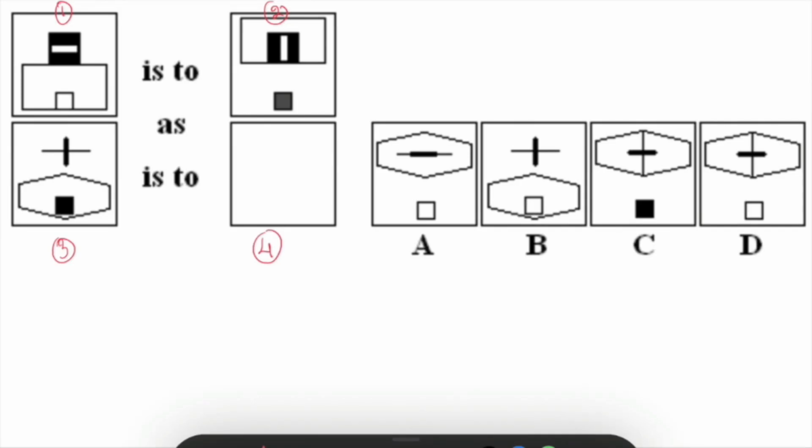I'll depend on this relation, and in light of it I can identify pattern 4 if I have pattern 3. So let's study pattern 1 and 2 and find out the relation between them.